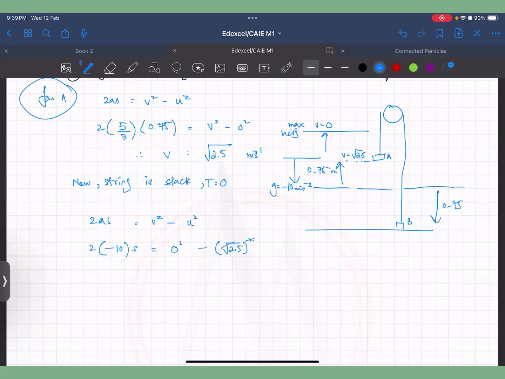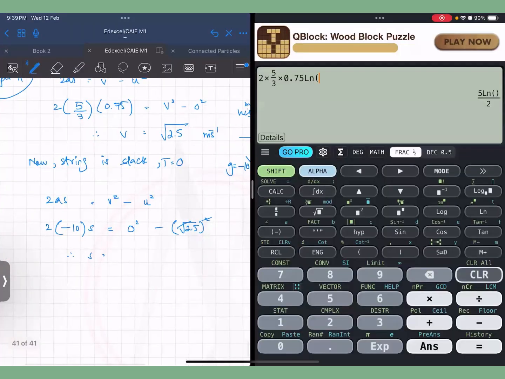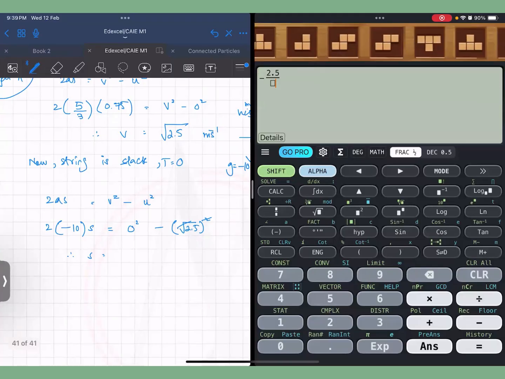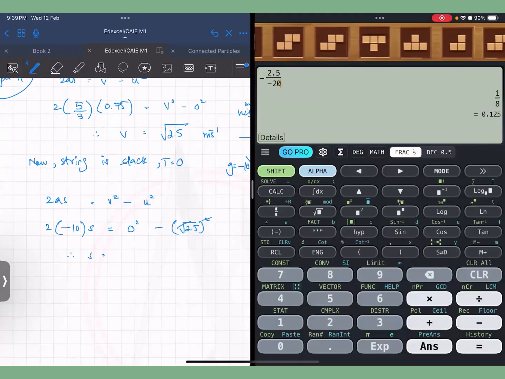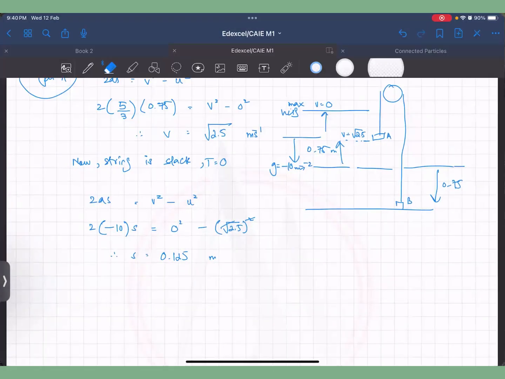So the square and square root cancel out. So your S comes out to be negative 2.5 divided by negative 20, so 0.125 meters. So this is the more displacement that it has covered, 0.125 meters. So how much is the total height?